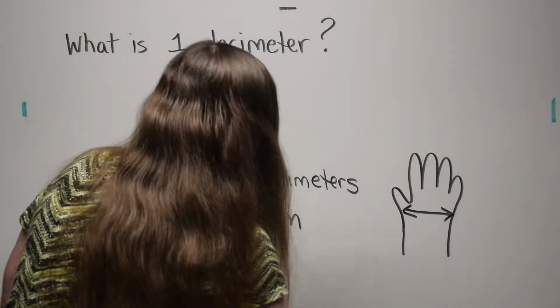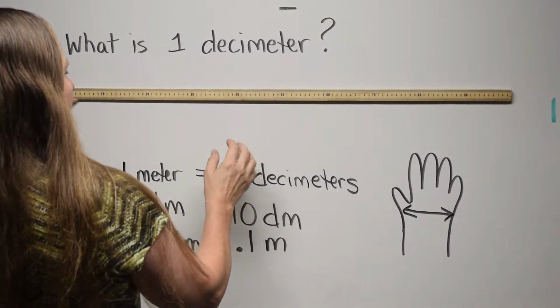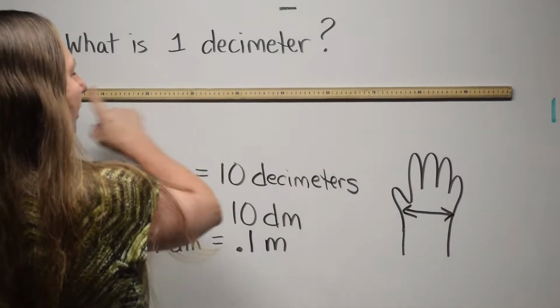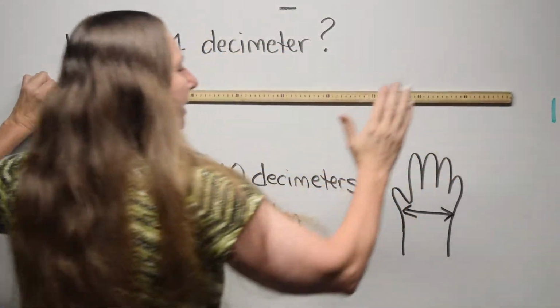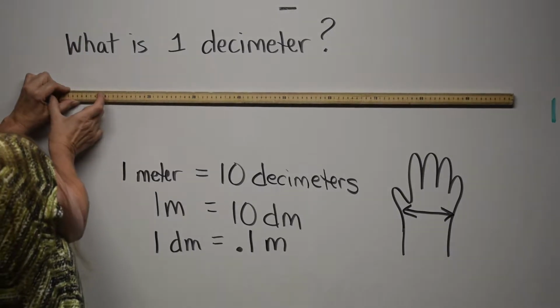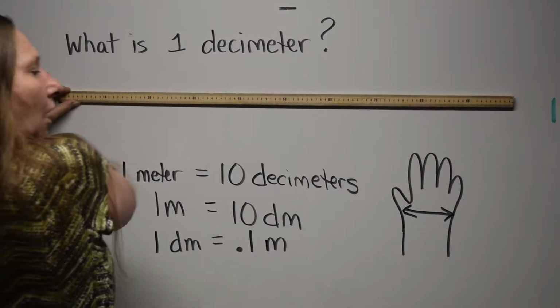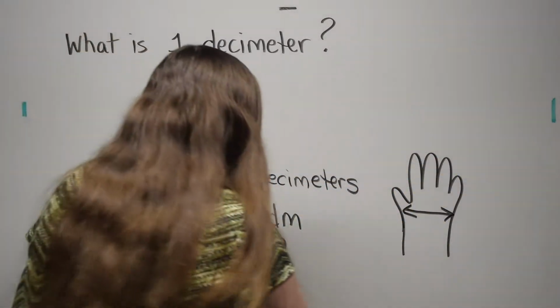Looking at this one more time, 1 meter is 1, 2, 3, 4, 5, 6, 7, 8, 9, 10 decimeters, or 1 decimeter right there is 1/10 of the whole meter. So that's what a decimeter is.